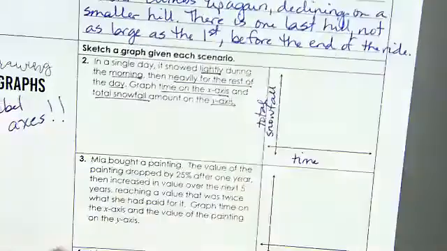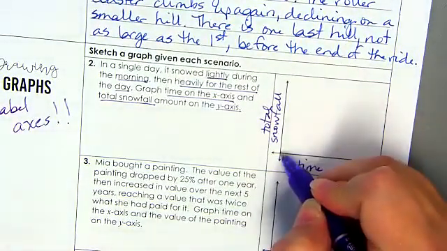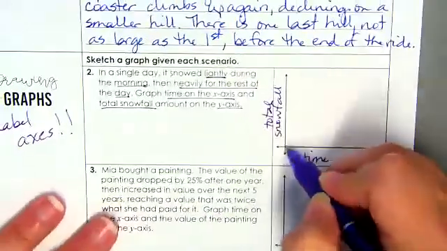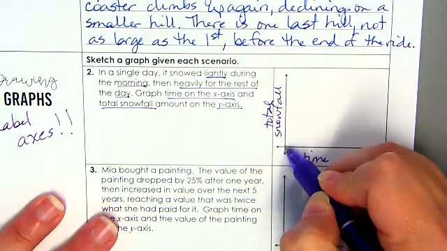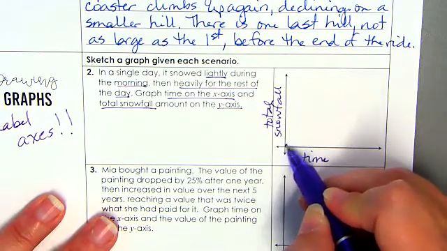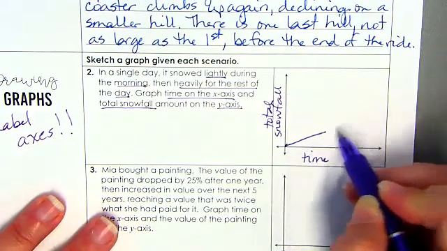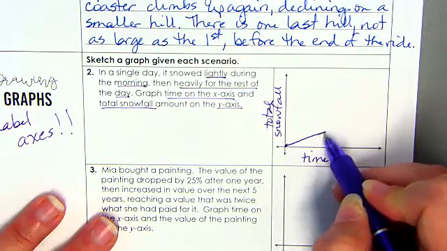All right, so we're starting off with when there's 0 time, there's 0 snowfall. And then it says it snowed lightly during the morning. So therefore, we're going to have a slow, gradual increase because it snowed lightly.